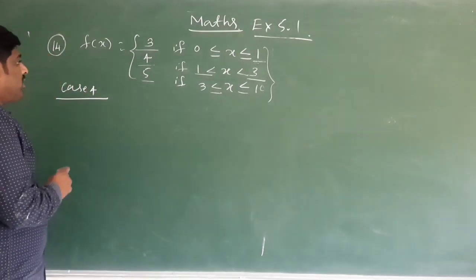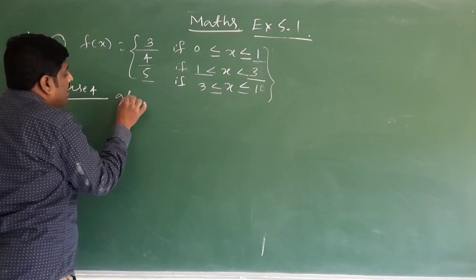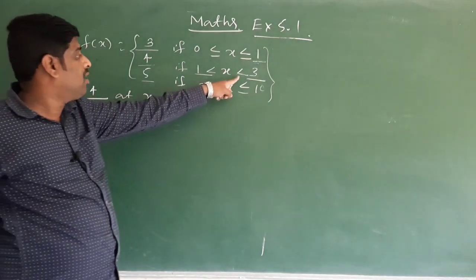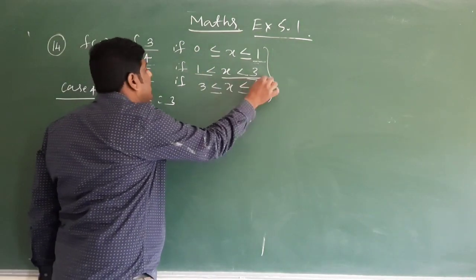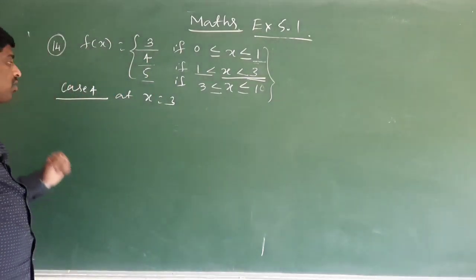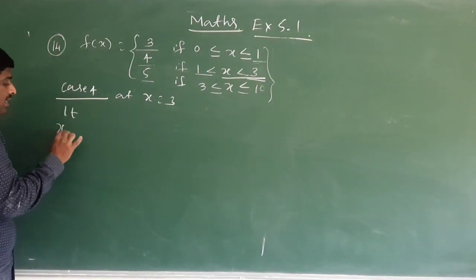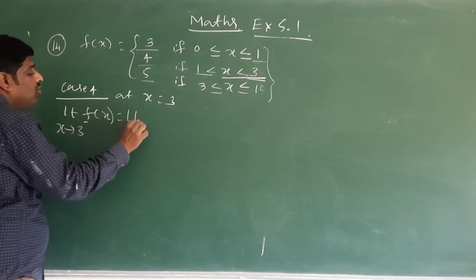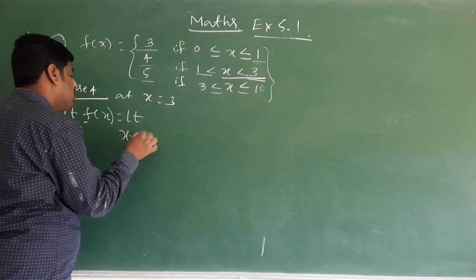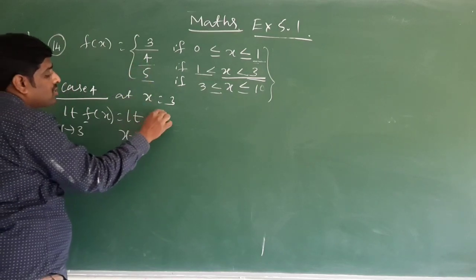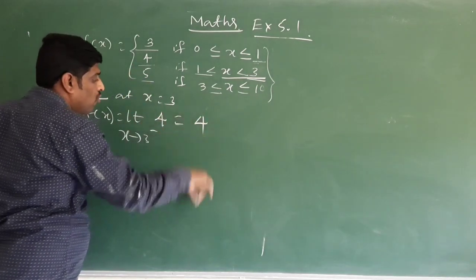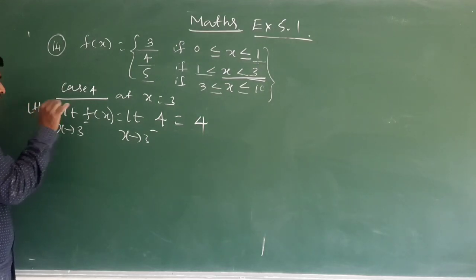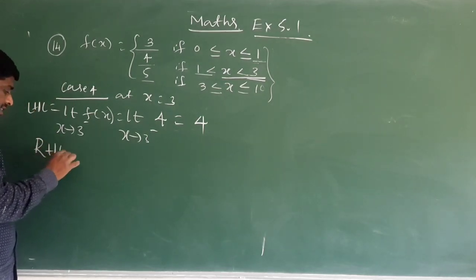Now case number 4, at x is equal to 3. What is LHL? For x less than 3, f of x is 4. Limit x tends to 3 minus f of x equals 4. That is LHL. Now come to RHL.